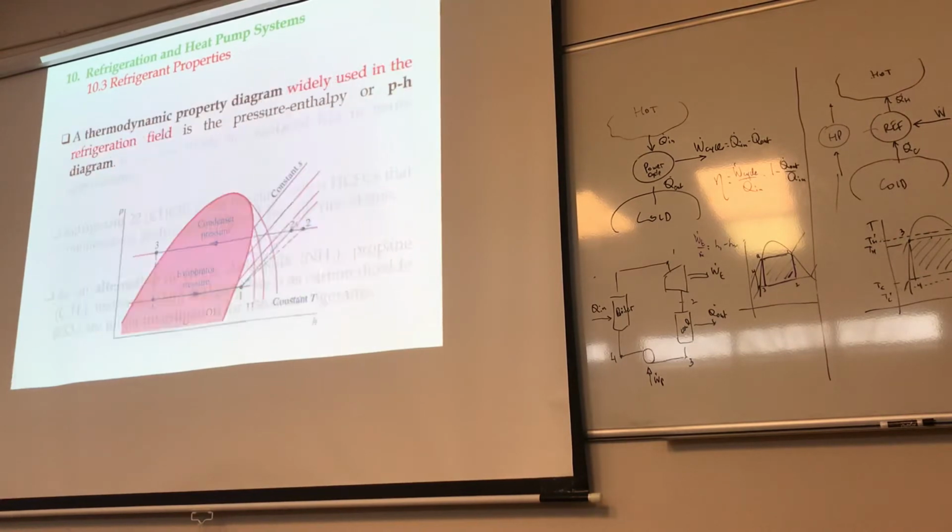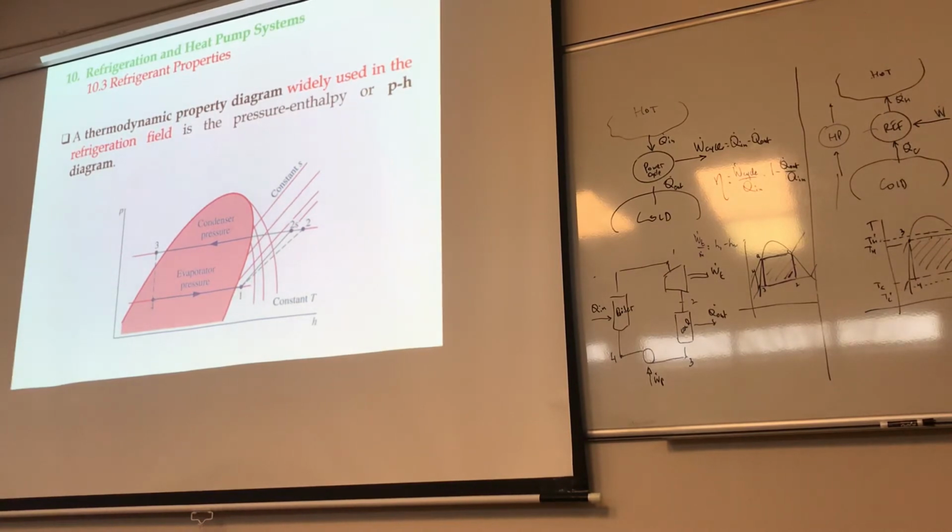So in the HVAC field, people tend to use the ph diagram, right? Because when you work in HVAC, you say, oh, you're operating between this pressure and that pressure, right? And you need the enthalpies, right? So you see a lot of these diagrams widely used in the refrigeration field, because clearly you have 2 pressures.